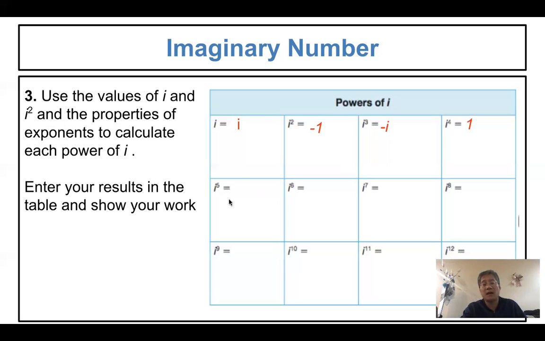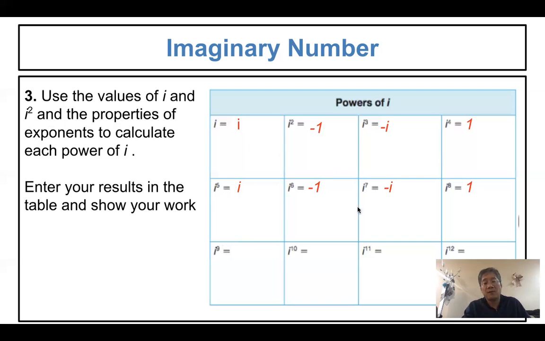Now you see i to the fifth power is i to the 4 times i, right? Think about the exponent: i to the fourth times i to the 1 power. So add the powers, 4 plus 1 is 5, right? So i to the 4 is 1, so it becomes i again. It keeps repeating like this. i to the 6 is -1, then -i, then 1. Do you see that? It's a pattern.